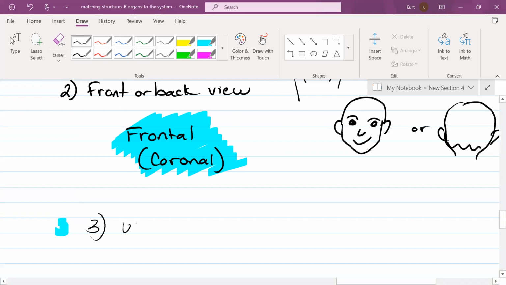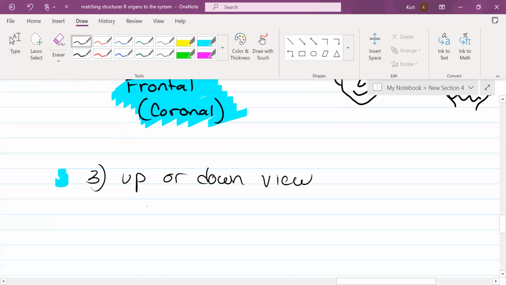So this is looking up or down view. This is going to be transverse. And that's it.